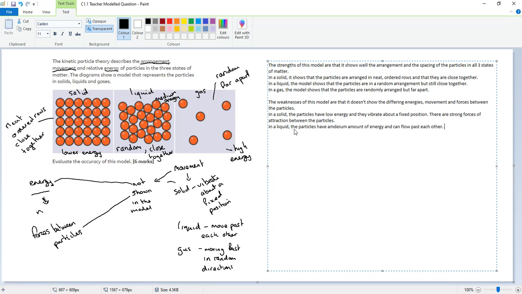There are medium forces of attraction between the particles.